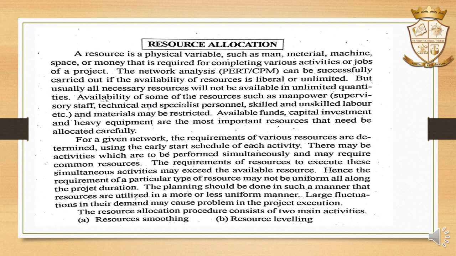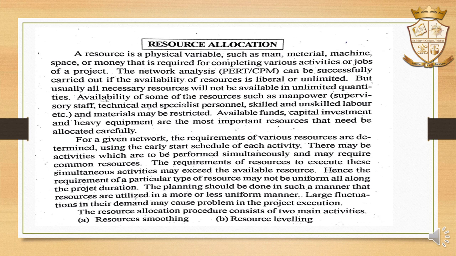The next term is resource allocation. Network analysis is also used for resource allocation. A resource is a physical variable such as man, material, machine, space or money that is required for completing various activities or jobs in a project.